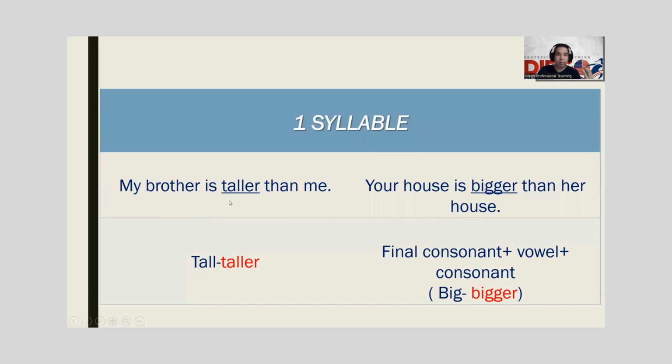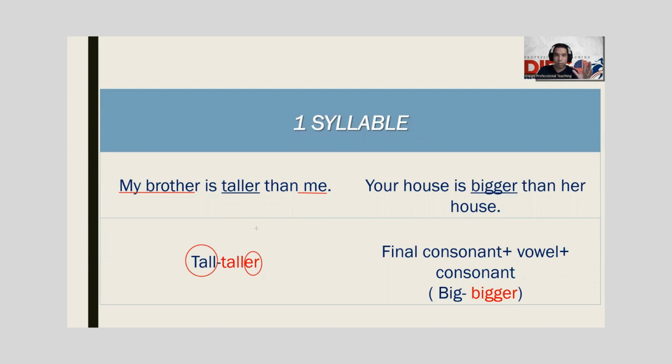Taller comes from the word tall. When we have one syllable, what we do is add ER to make the comparison, okay? I'm comparing my brother with me. So my brother is taller than me.